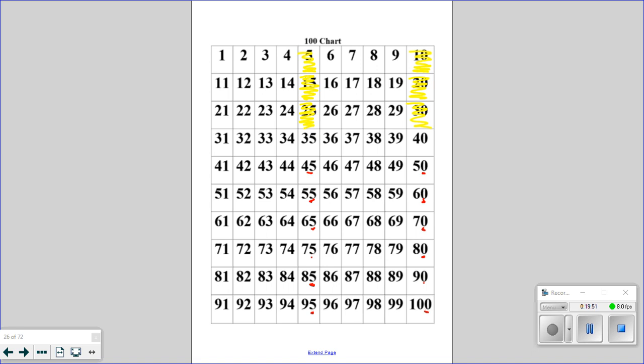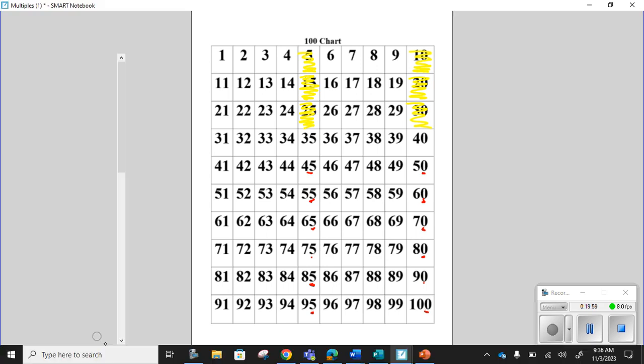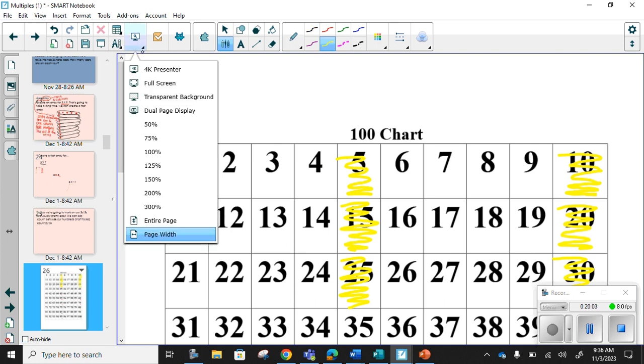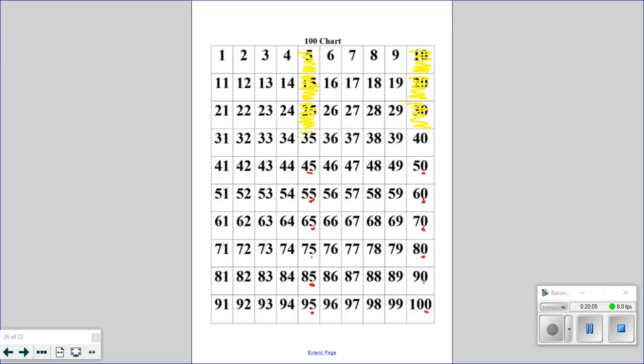Go ahead and finish coloring in your hundreds chart. Yep, finish coloring in your 5s and 10s in your chart.